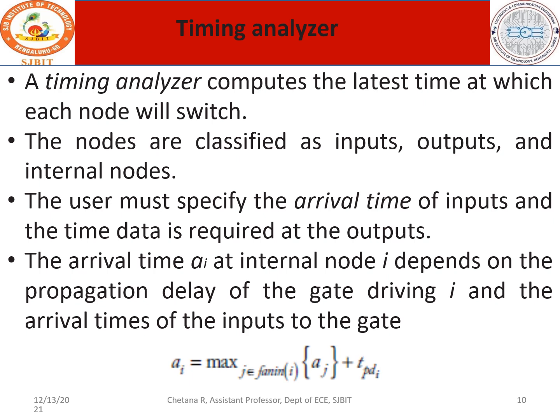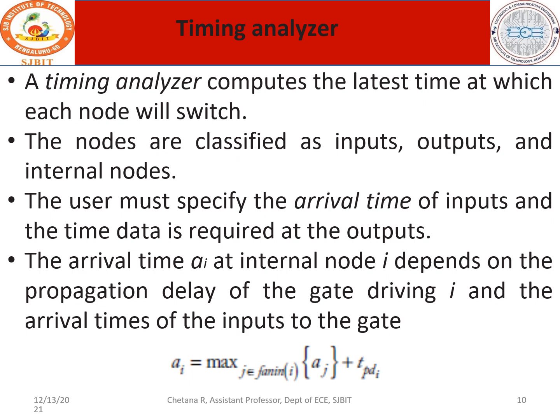Next we have the timing analyzer. The timing analyzer computes the latest time at which each node will switch. The nodes are classified here as inputs, outputs and internal nodes. The user must specify the arrival time of inputs and the time the data is required at the output. So we are talking about a new term, which is called arrival time. Let us see what an arrival time is.